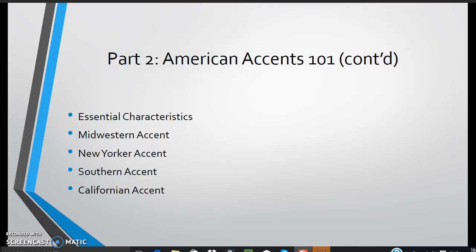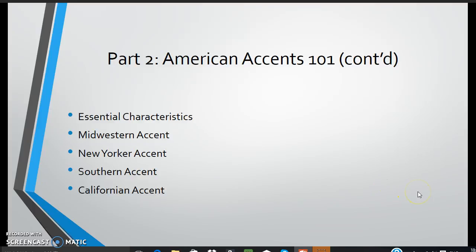That's one of the examples here, followed by cart. In the Midwestern accent, the word is cart, but in the New Yorker accent, that word becomes caught, caught. So we can realize that the non-rhoticity extends into other parts of the word instead of just the final R. Those were some of the essential characteristics of the New Yorker accent.